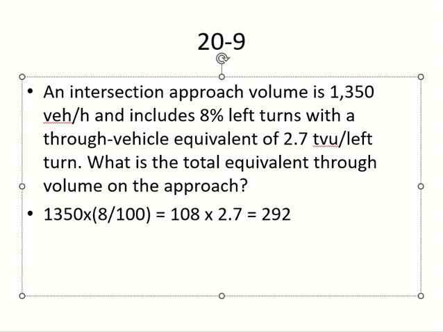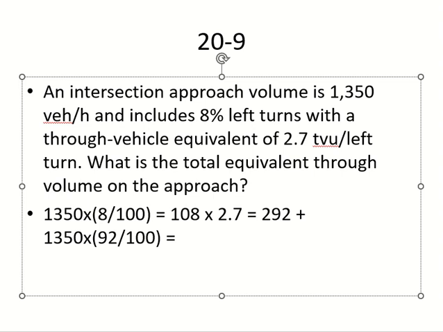Out of 1350, 8% were left turning. The remaining are straight. I just add them, no conversion. I just add them with this 292. Why 92?